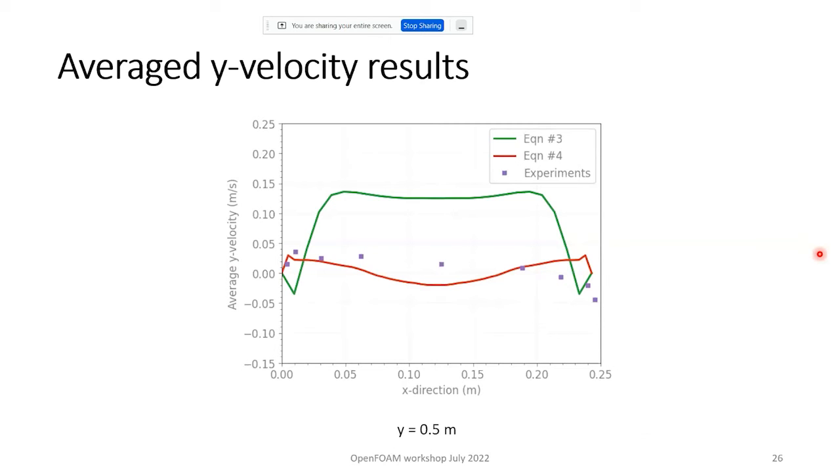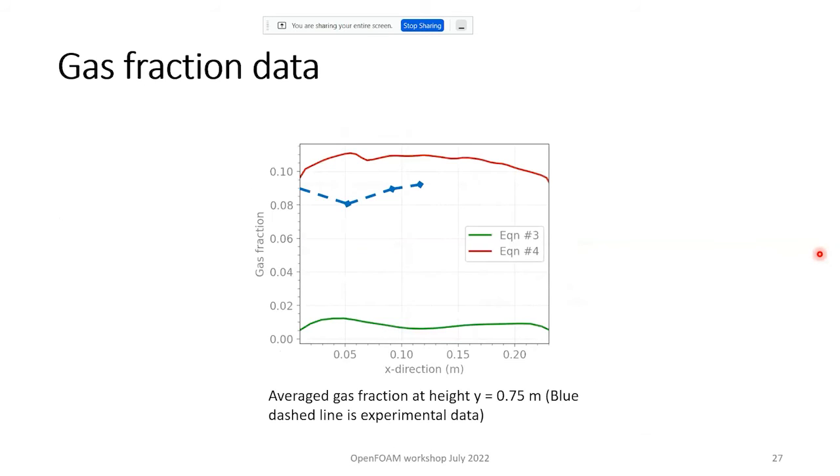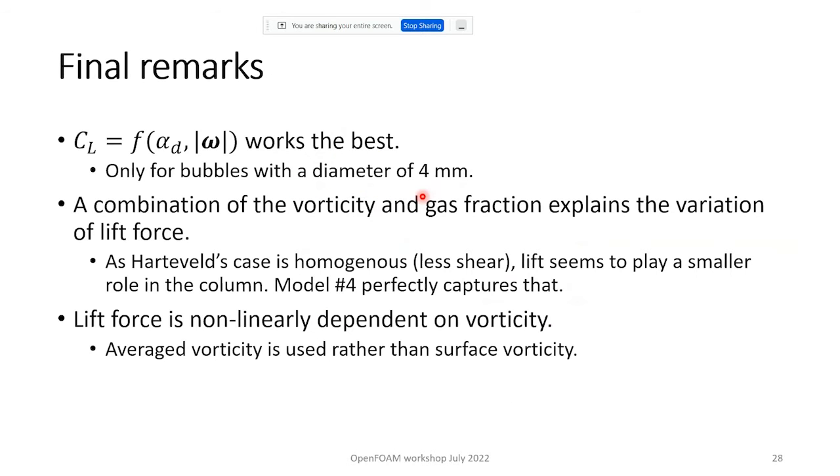So we can conclude that equation 4 is best. This is another one, where we compare gas fraction data, and again the red line is way closer to the experimental results, which is the blue dashed. So we can conclude that a CL which is a function of alpha D and omega works the best, but there is a limitation.